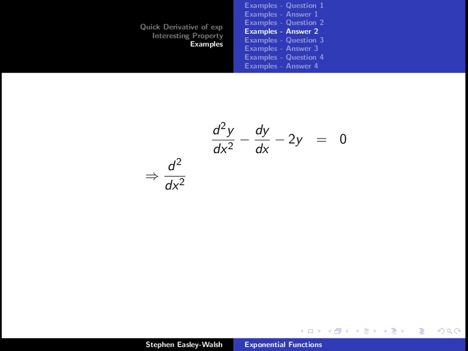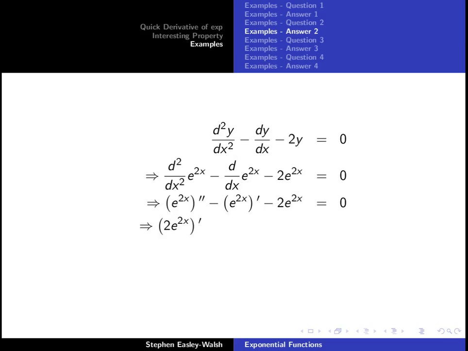So that is the second derivative of e power 2x minus the first derivative of e power 2x minus twice e power 2x equals 0. So we have to do the derivative twice on e to the 2x, find the derivative once on e to the 2x, and just leave e to the 2x alone for the last term.